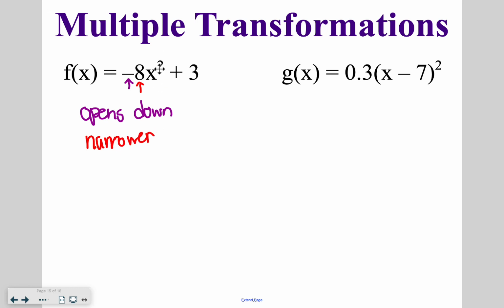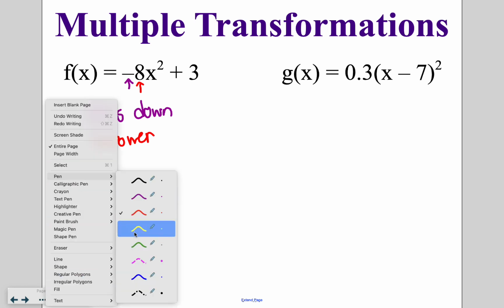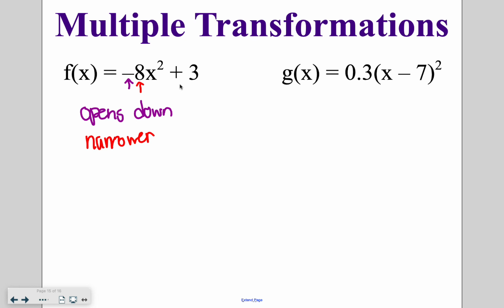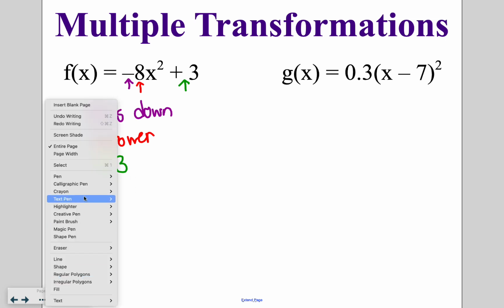There is nothing attached to the x in the squared part before the squared, so that means we're not moving left or right. And then our last piece is we've got a plus 3, so a k value of plus 3 means that the graph moved up 3 spaces.